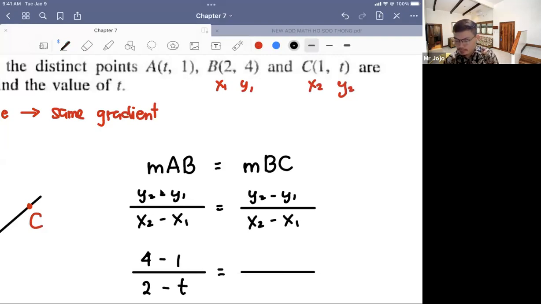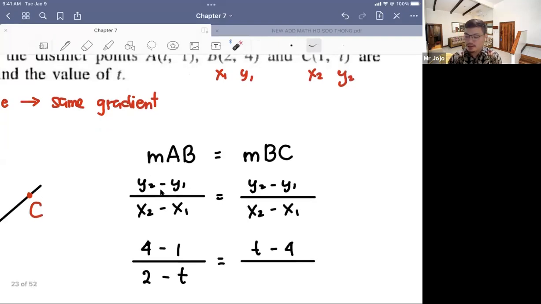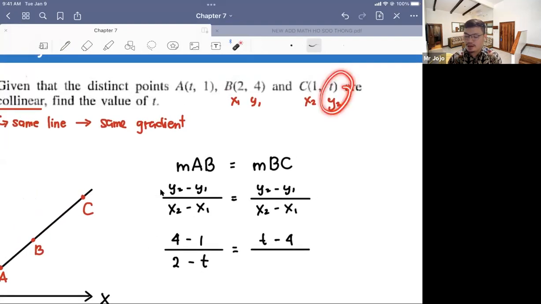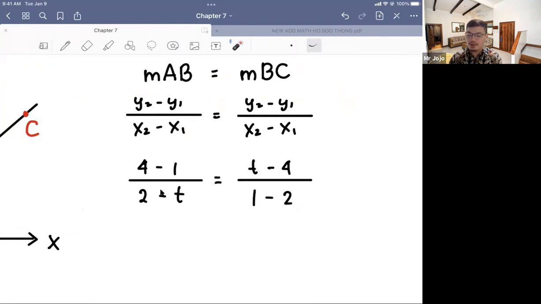That will be t minus 4. Following, guys? Again, t minus 4 for this one. And how about my x sub 2 minus x sub 1? It's 1 minus 2, right? So 1 minus 2. There you go. This is your equation basically.